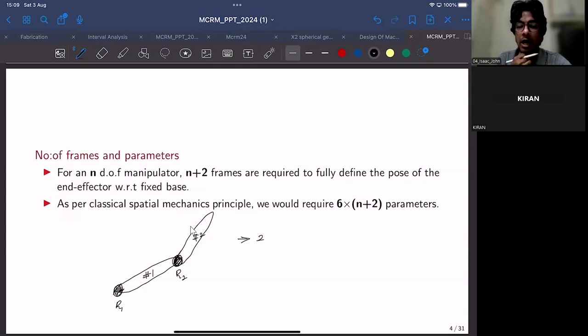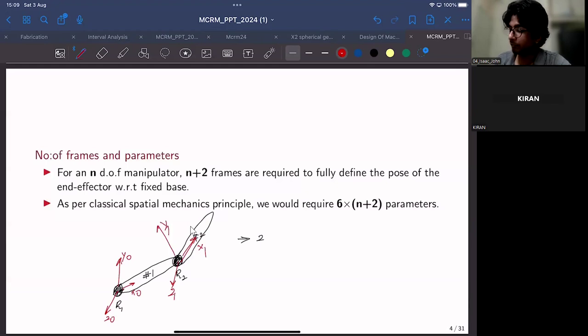And how many frames do we have? Obviously we have 2 links, so at least we will have 2 frames of reference. One would be here, maybe Z0, X0, and Y0. And this would be Z1, X1, and Y1.